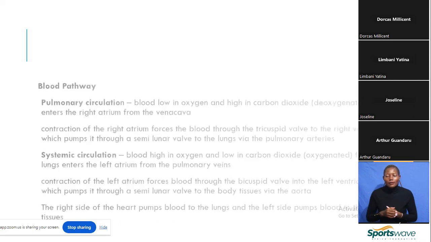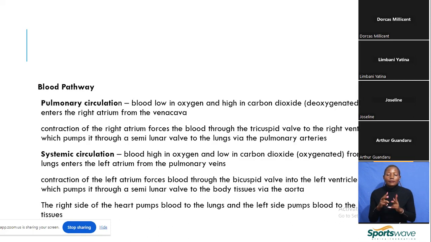The first one is called the pulmonary circulation, which takes the deoxygenated blood into the lungs for purification, and then you have the systemic circulation that pumps the blood to the rest of the body.